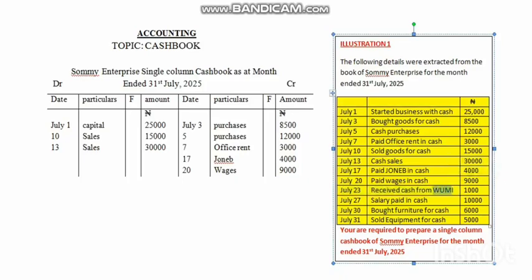Therefore, you go to the debit side and write the date, July 23rd. Then from who? From Wumi. How much did he receive from Wumi? He received cash of 1,000 naira from Wumi.